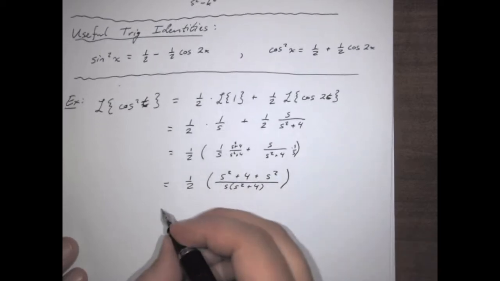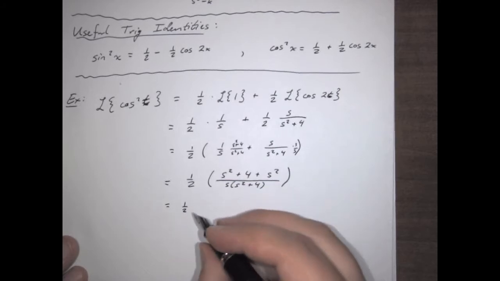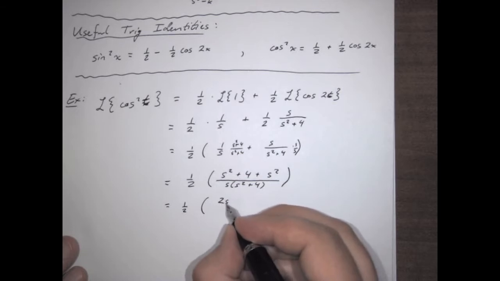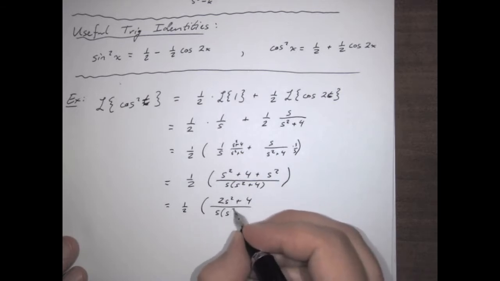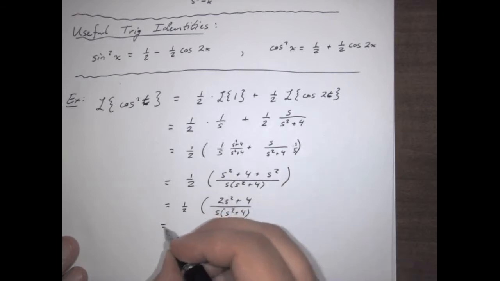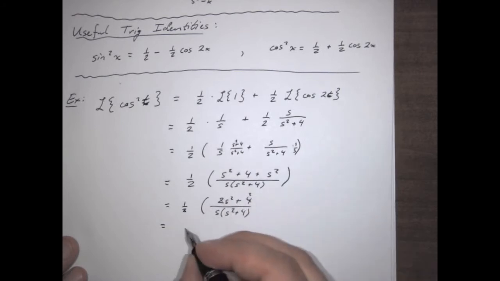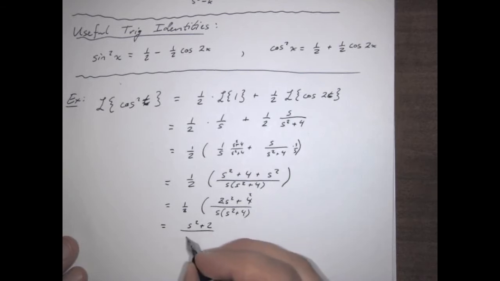And so then, simplifying that down a little bit, we're going to have 1/2 times 2 s squared plus 4 over s times s squared plus 4. And the 2 will cancel, and we'll have s squared plus 2 over s times s squared plus 4.